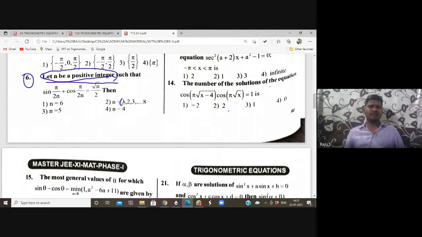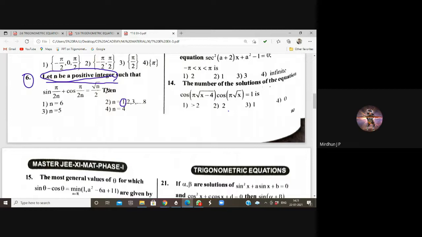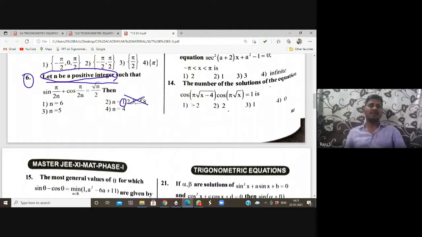In this case, when n is equal to 1, 2, 3, is it the second option? If you see here, 1, 2, 3 till 8 is there. When you substitute n is equal to 1, is LHS equal to RHS? No, sir. So you can cancel the second option.